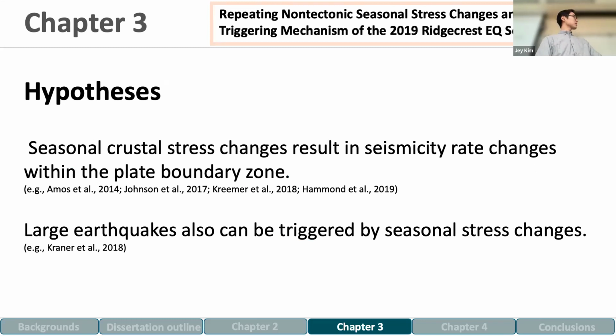And the second hypothesis, which I think was quite ambitious, is that large earthquakes also can be triggered by seasonal stress changes. Here, what I mean by large earthquake is an event larger than, I don't know, 5.5, because I'm only considering crustal earthquakes, not megathrust type earthquakes.